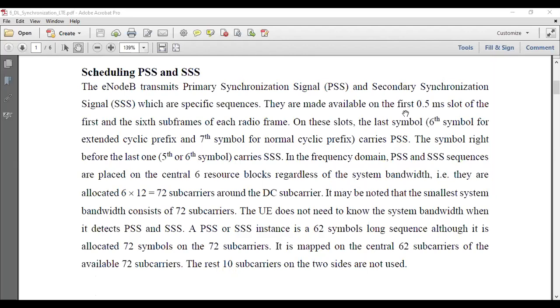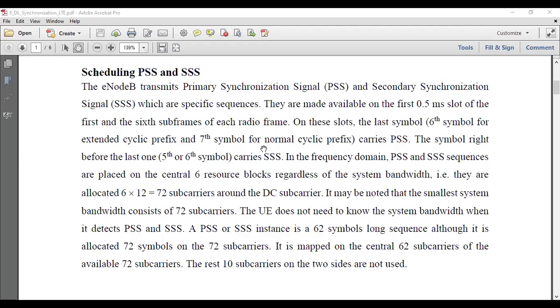Sorry, in the first slot, not the second slot, of the first and sixth subframe, and you use the last two symbols of the slot.